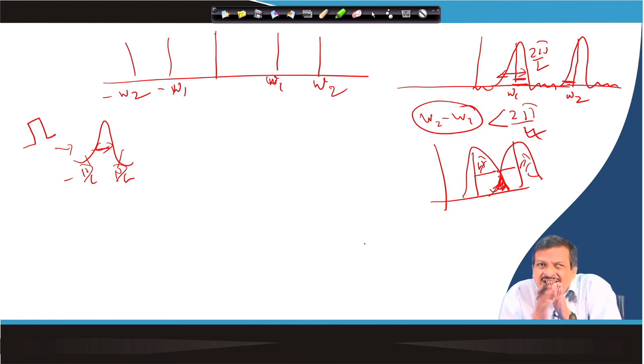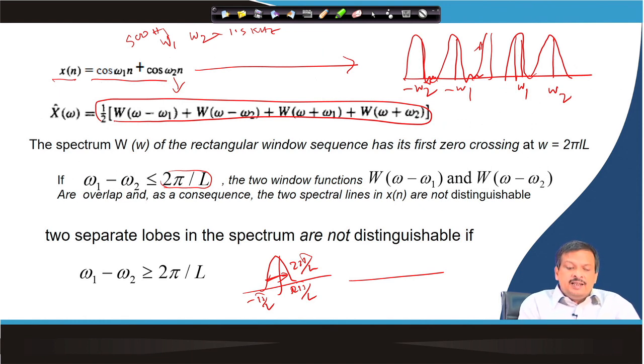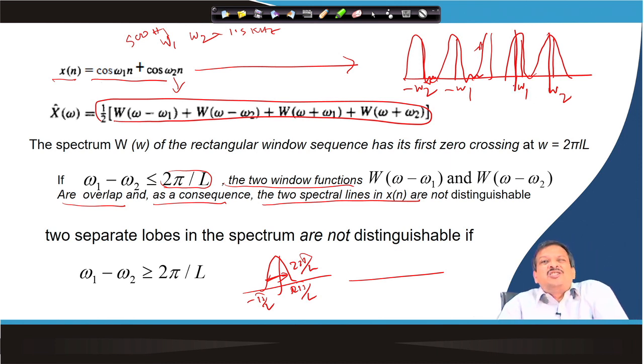So if the separation between the two frequencies is less than 2 pi by L, I cannot get distinct frequency components omega 1 and omega 2 in the DFT analysis. So what I said is that the two window functions overlap, and consequently the two spectral lines, one here and one here, are not distinguishable because they overlap.